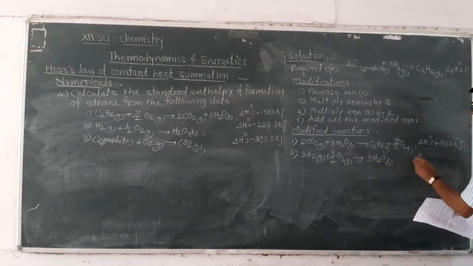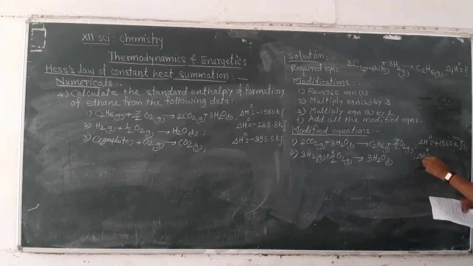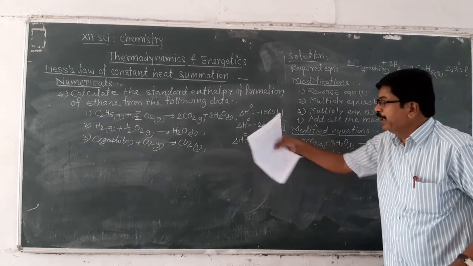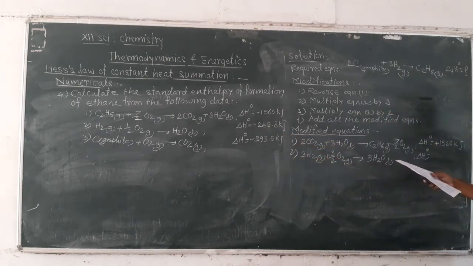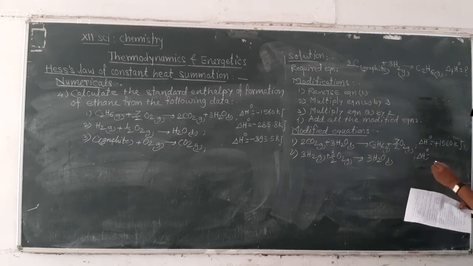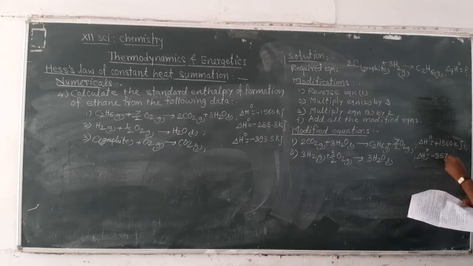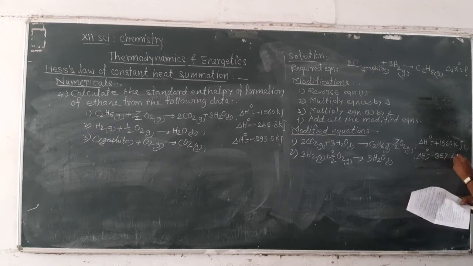And the enthalpy change is again multiplied by 3: minus 285.8 into 3 becomes minus 857.4 kilojoule.